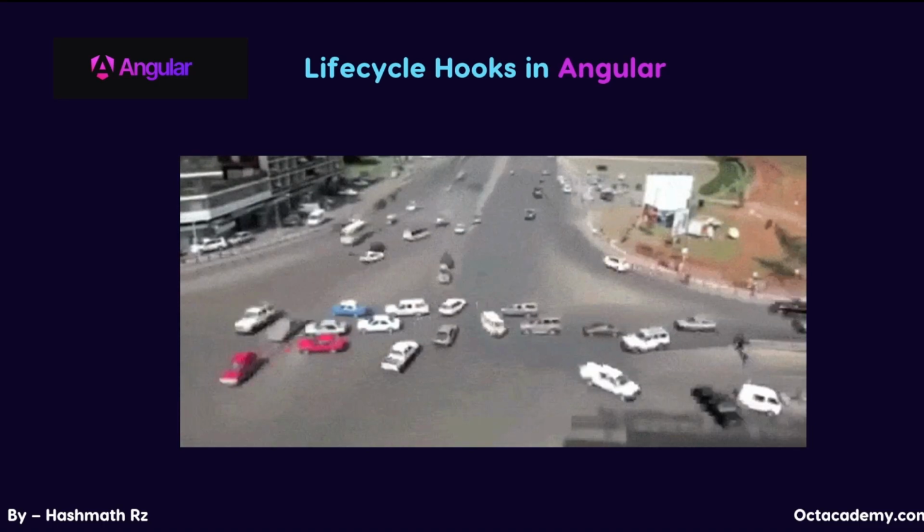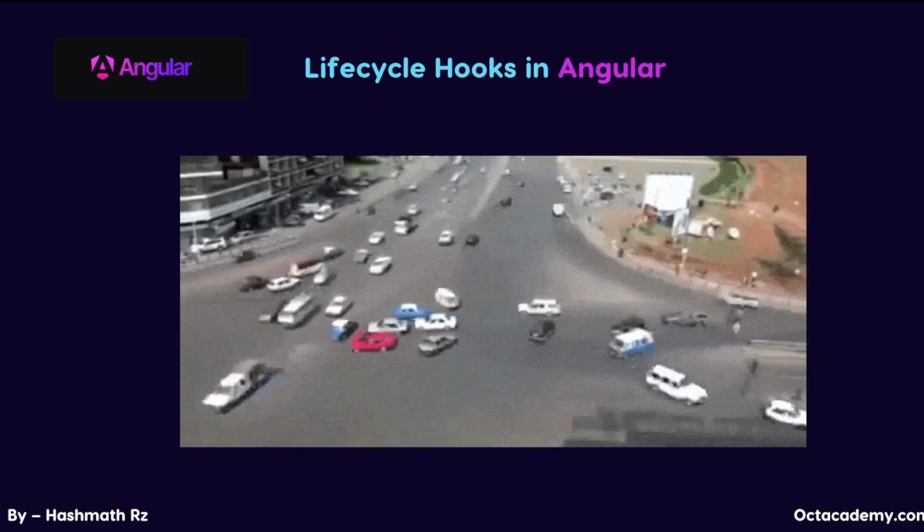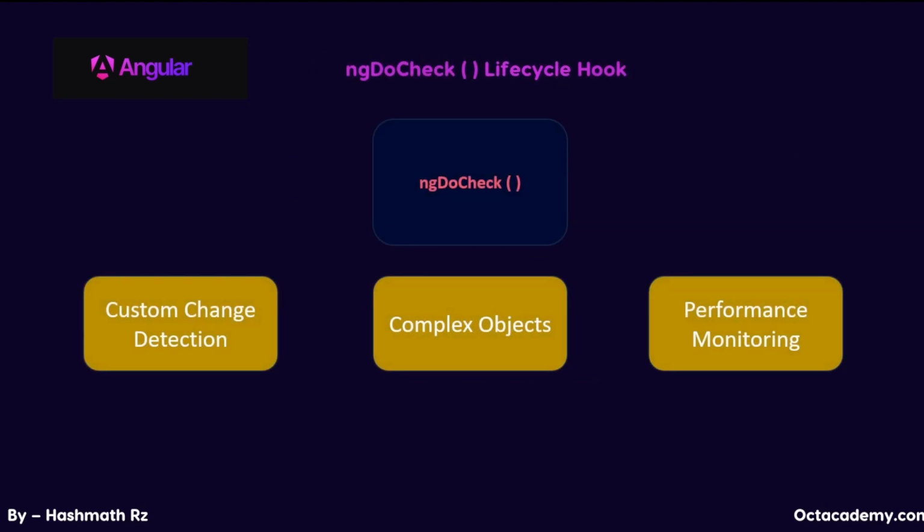Now you might be wondering, why do we need to use this ngDoCheck lifecycle hook? Here's why. It gives a custom change detection approach, so it allows you to implement your own custom change detection. Next, it's useful when Angular's default change detection might miss changes in complex objects or arrays.